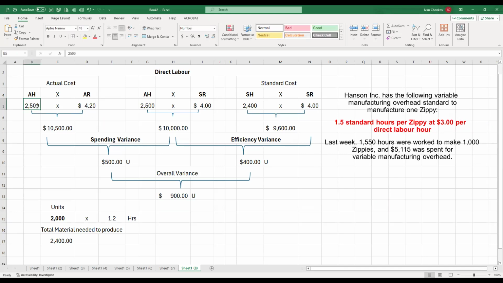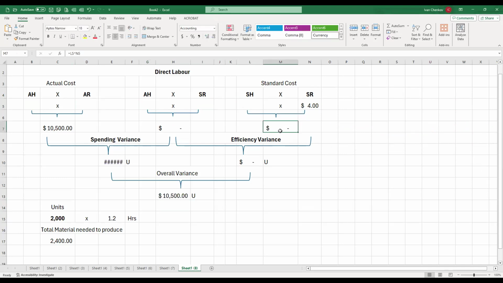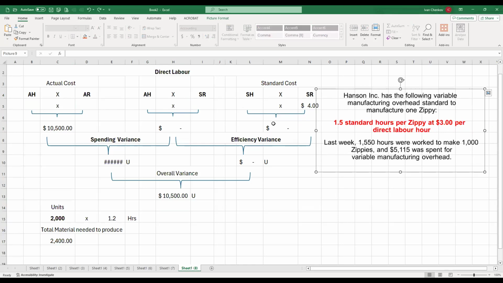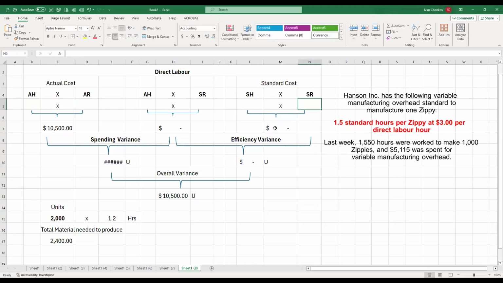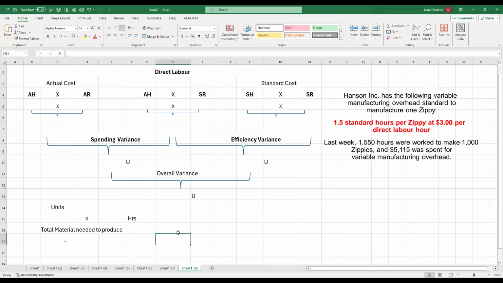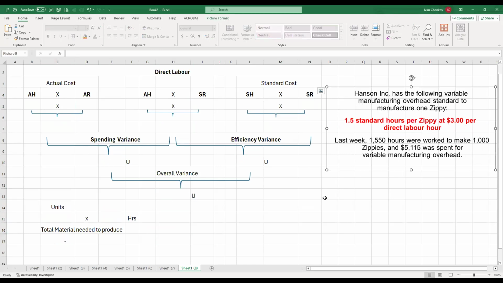So what we're gonna do here, delete this information. Oops, not that one. I wanna keep that one. I wanna delete only the $4 here. Okay, and let's work with the question now.